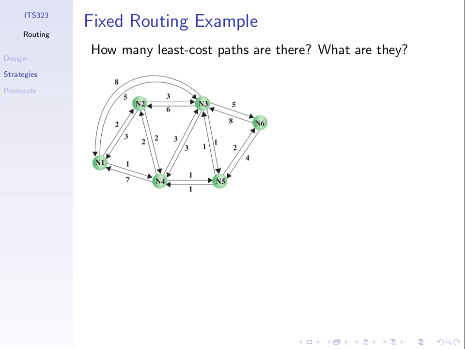Why is that? Let's consider if it wasn't, just ignoring our picture. Let's say the least cost path from 6 to 1 was 6, 5, 4, 2, 1, and a path from 6 to 2 was 6, 3, 2, for example. It's not in there, but if it was, then this could not be true, because remember the cost of the path is just the addition of the link costs.